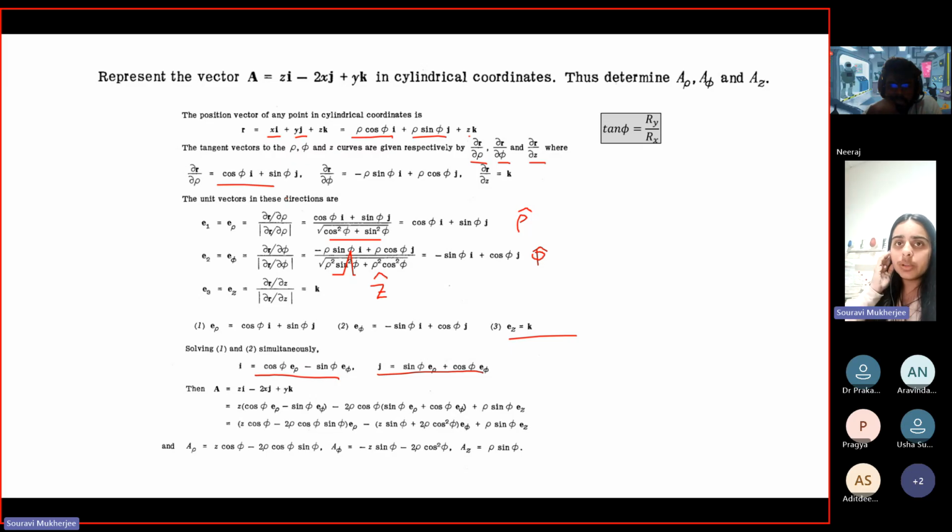It tells you how it is changing when you go from rectangular to cylindrical. What is the scaling? That comes from the magnitude. So here this is 1, this is rho, and this is again 1, right? So once you know the scale factors, which are h1, h2, h3, and you know the unit vectors, which are e1, e2, e3, now what can you do?